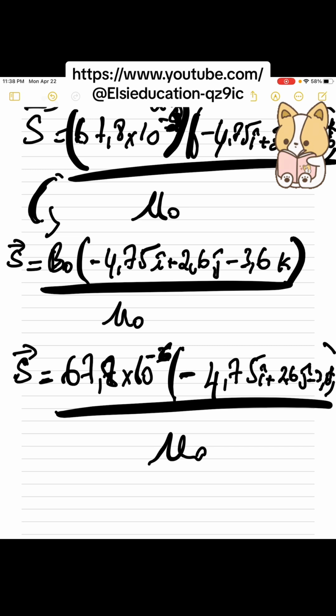So 67.8 exponent minus 6 multiplied by 4.75 divided by 12.56 exponent minus 7, 2.6.